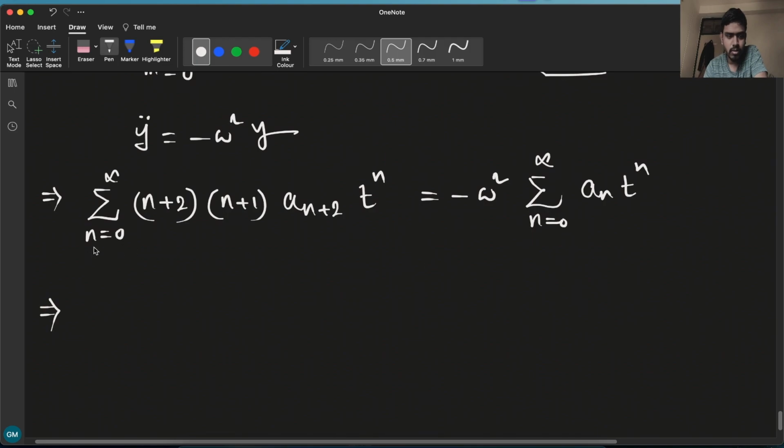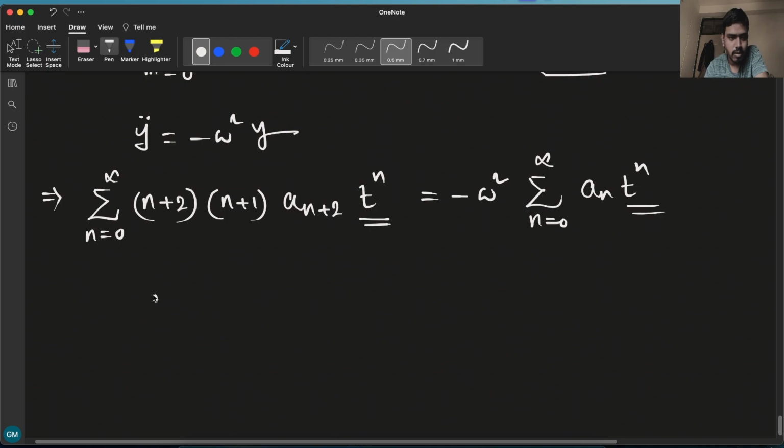Now you can see that the summation index is both in the right hand side and left hand side, it is starting from n equals 0, and this power is also to the power n, so I can directly compare the coefficients, there is no problem. So that's what I will do now.